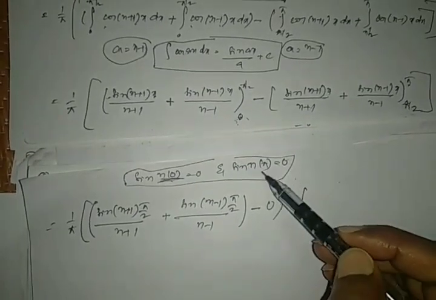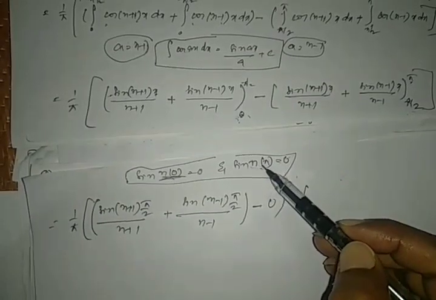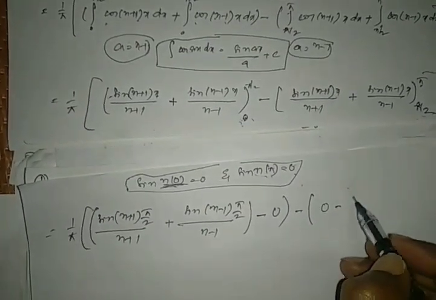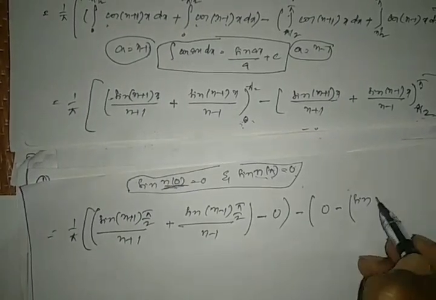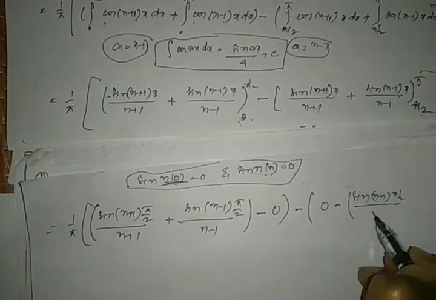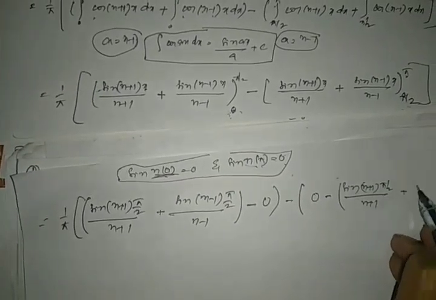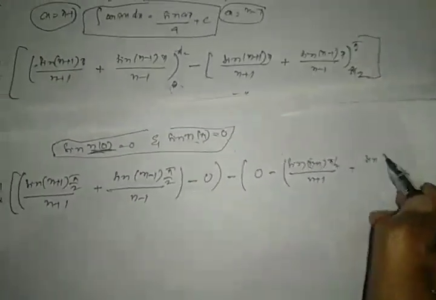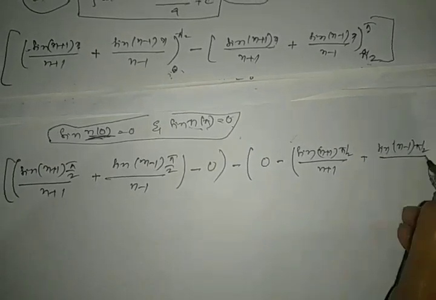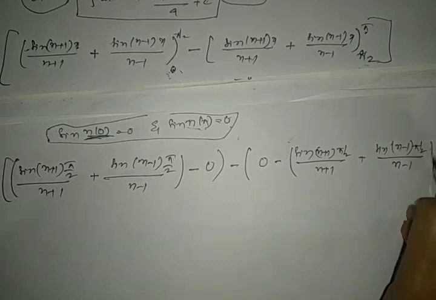So when we have sine of pi, the upper limit is equal to 0. So upper limit 0 minus the lower limit, which is sine of n plus 1 into pi by 2 by n plus 1 plus sine of n minus 1 into pi by 2 by n minus 1.